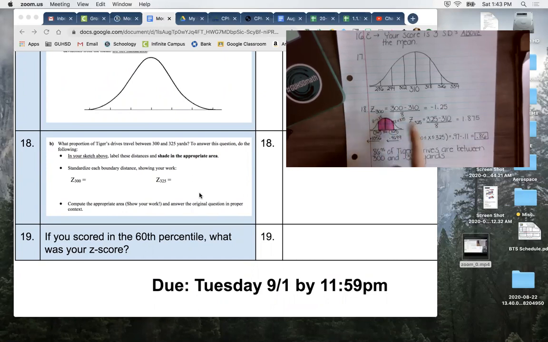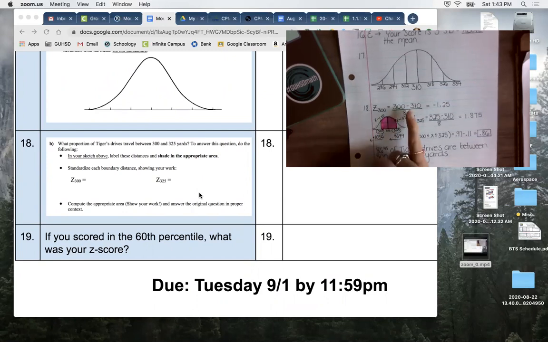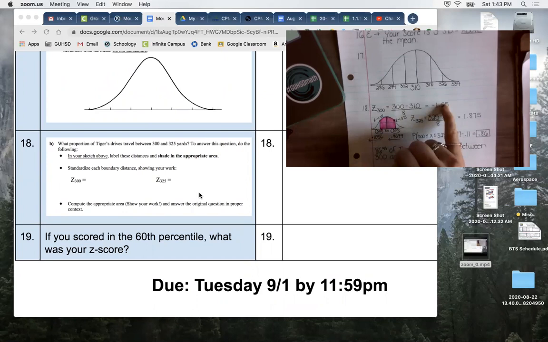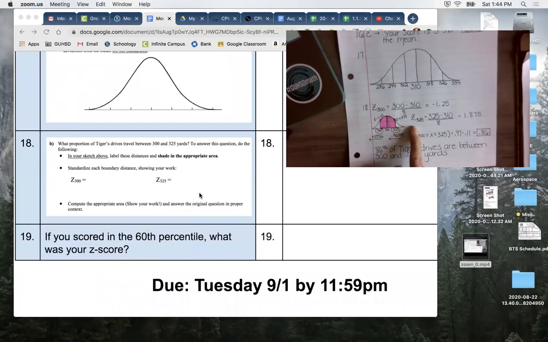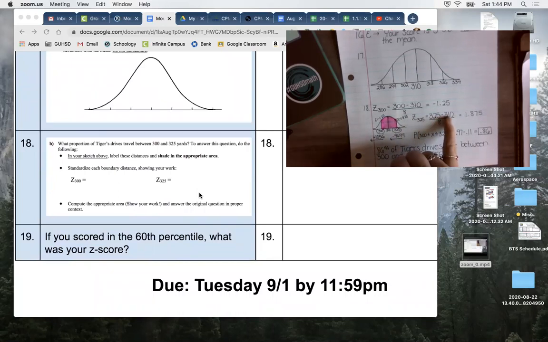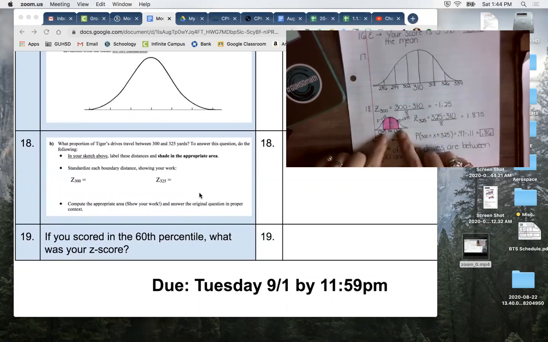So I have to find the z-scores at each one of those. I have the z-score at 300. I take 300 minus my mean of 310. That's the distance. It's going to be negative. Divided by 8, I have a negative 1.25. I find the z-score at 325. So I take 325 minus my 310 and divide by 8. I get 1.875. So that's where I'm at there.